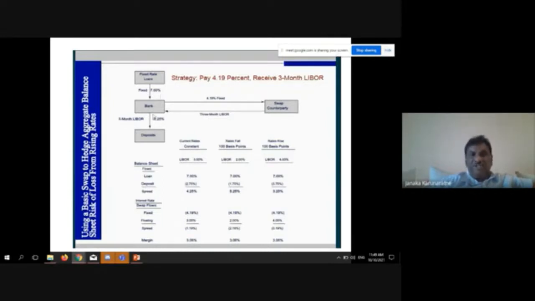If the 3 months LIBOR moves to 8%, you have to pay 7.75, and your interest received is 7%. So you have a negative spread of 0.75. Earlier you had a positive spread of 2.25%, and you will end up with a negative spread of 0.75%. Pretty simple thing I ask.